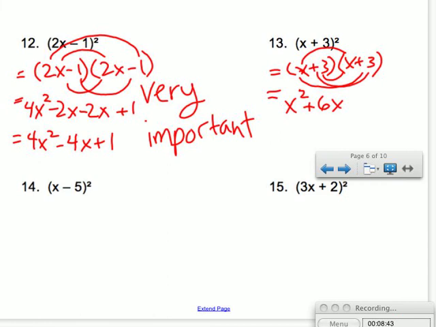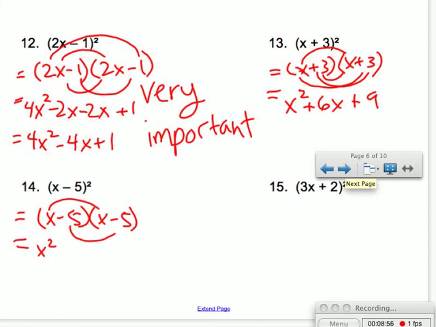Same idea here. So we'll do this one mentally as well. X squared minus 5x minus 5x, minus 10x, plus 25.